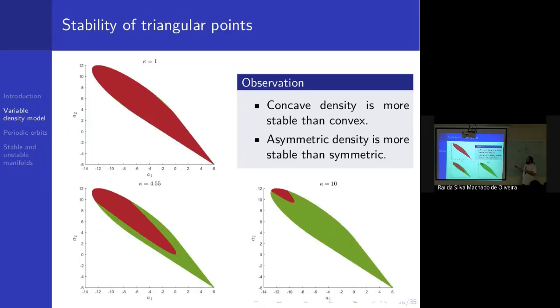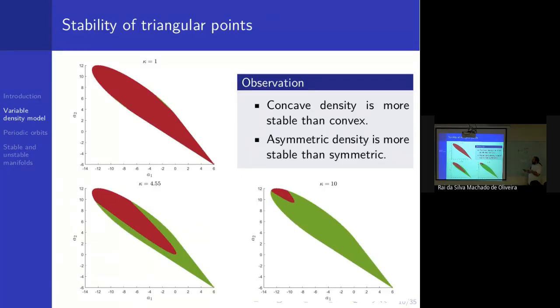But as we increase the constant K here, for some values of density distributions, the equilibrium points become stable. And up to K equals 10, where almost for all the cases, the triangular points are stable. But there are two things to notice here.